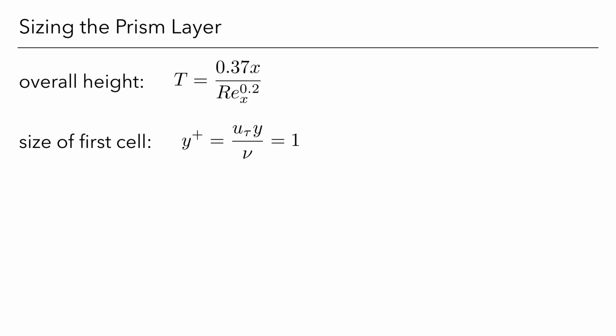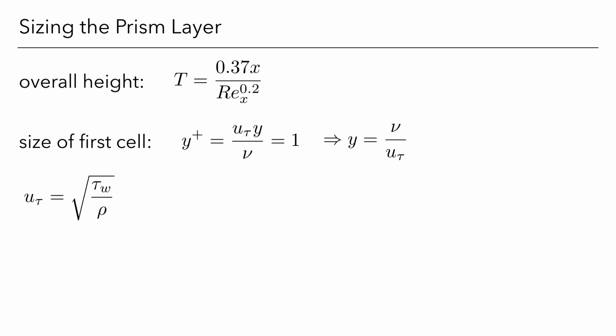So we want to choose that first Y such that this is true, right? That Y times U tau over nu is equal to 1. That's the right size that we want. So if we solve this for Y, this is the expression we get. Okay. We can use this directly, but I'd like to do some mathematical simplifications here to see what parameters we really need.